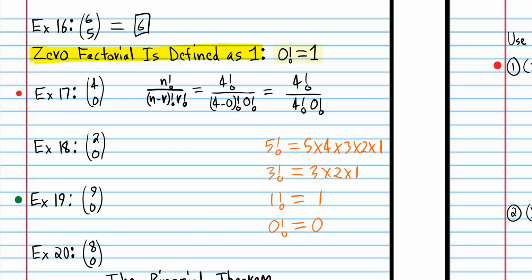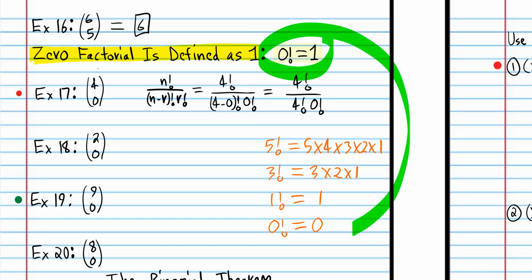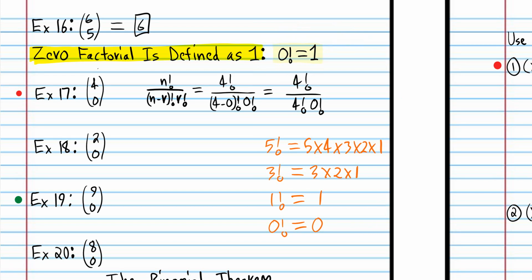But mathematicians have decided to define that as 1, even though it doesn't make any sense to do that. There's no logic when it comes to the math to define 0 factorial as 1. The reason mathematicians have done it is because they want us to be able to define these expressions so that we can use them with the binomial theorem.